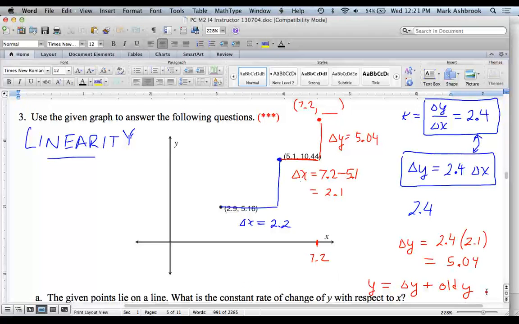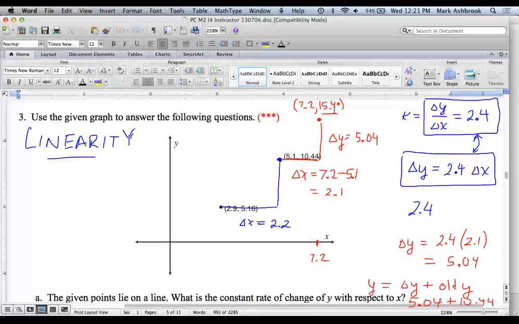We started at a value of y, we changed y. So if you add that change to the old y, you get the new y. What was our change in y? 5.04. What was the old y? 10.44. Add them together, what do you get? 15 point?